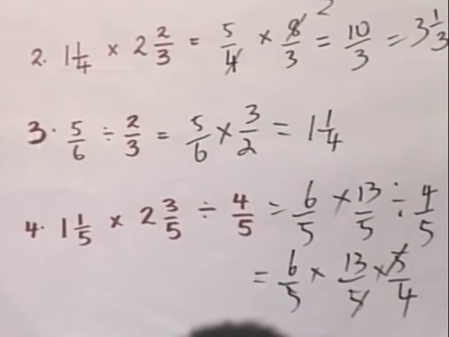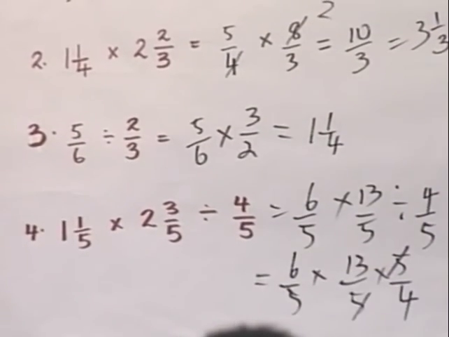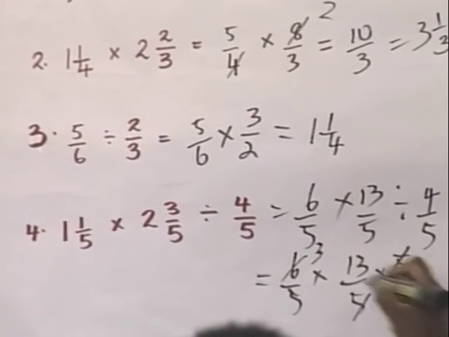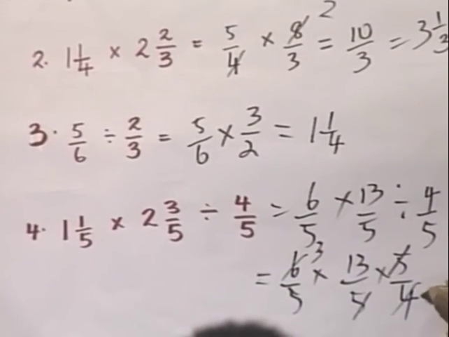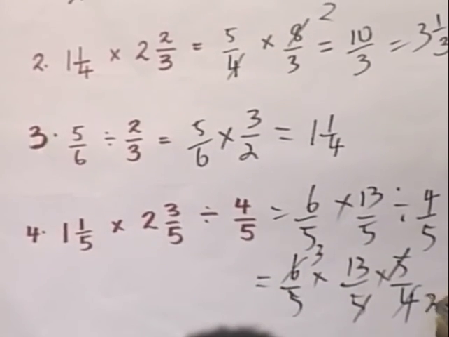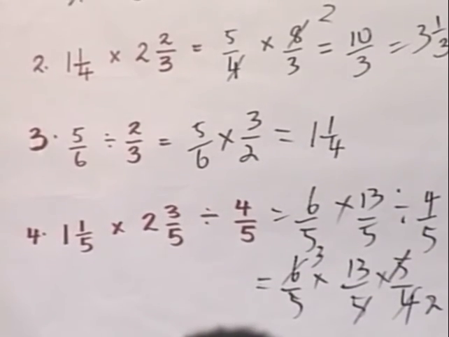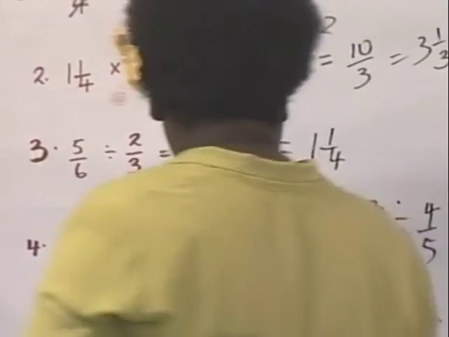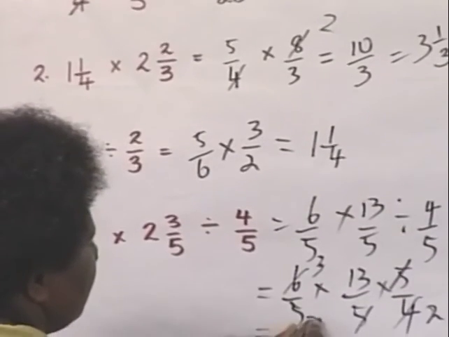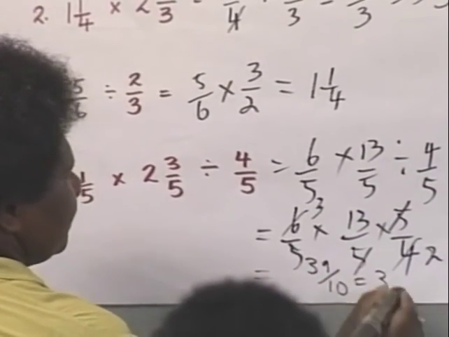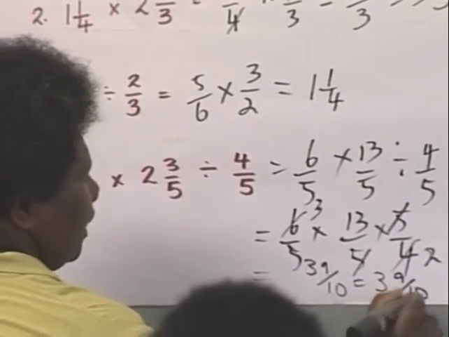So I get that, and then, sorry, I can cancel 4 and 6, that's 3 and 2. Okay, 13 times 3 is 39, 39 on 10. And that's the same as 3 and 9 on 10.